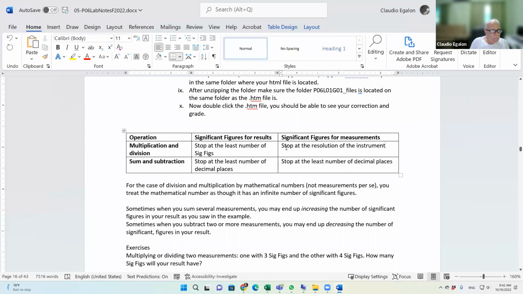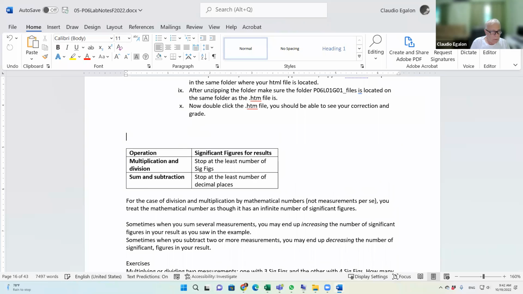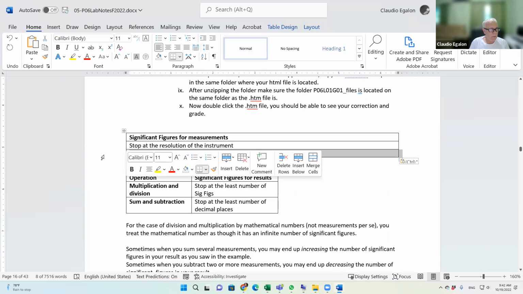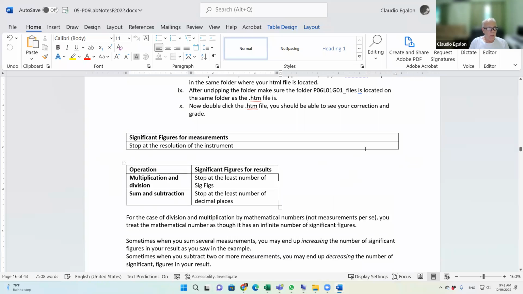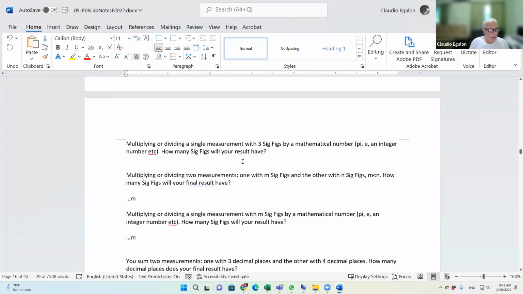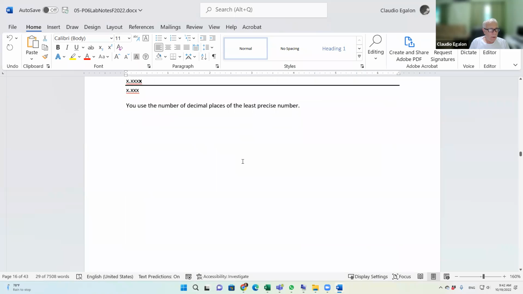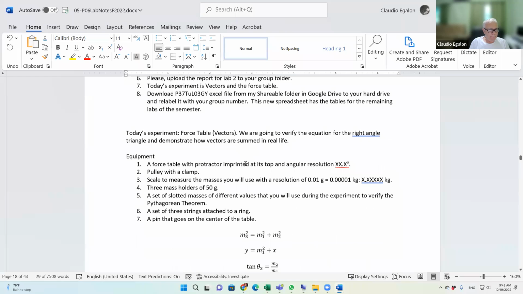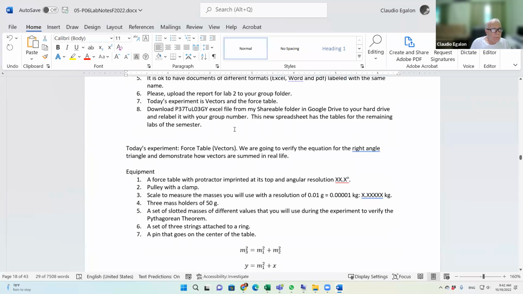It doesn't fit here, so it should be a separate table. Significant figures for measurement: stop at the resolution of the instrument. Okay, we don't need that anymore.